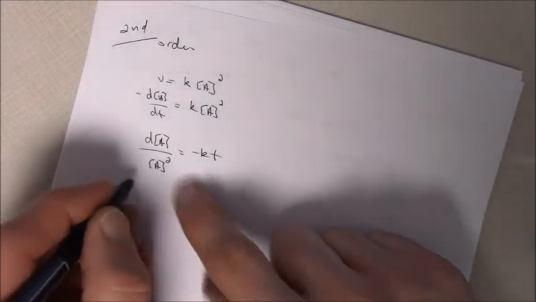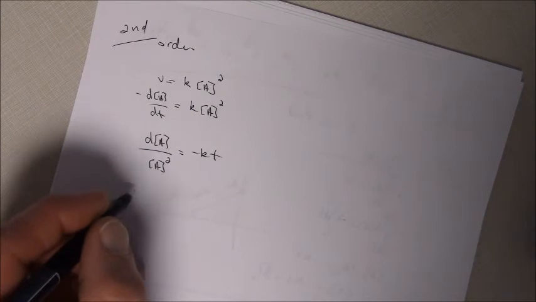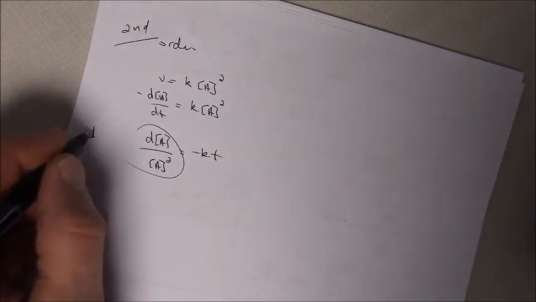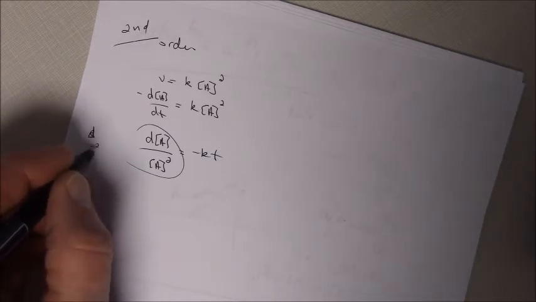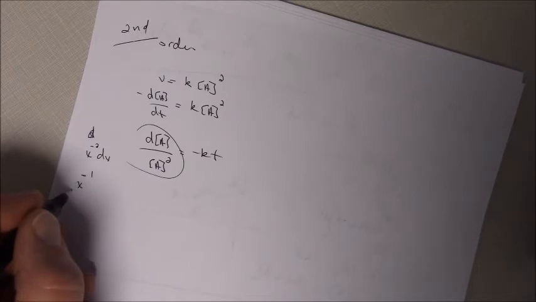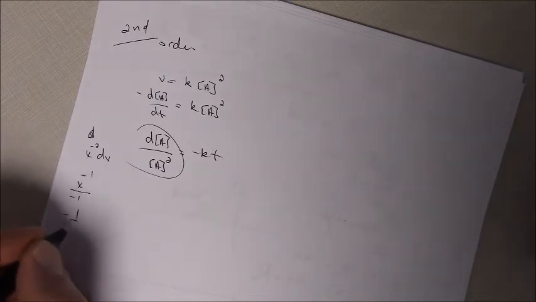When you integrate this, it's the integral of x to the negative 2 dx. You get x to the negative 1 divided by negative 1, so you get a negative 1 over x.